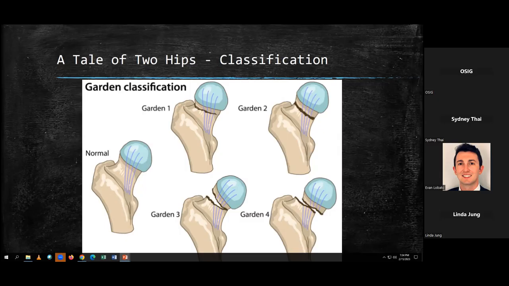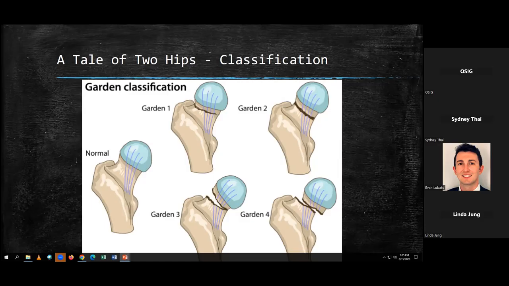In most classification systems, the higher up you are, the worse the fracture is. So in the Garden classification, Garden 1 means a fracture that is incomplete. It's not all the way through both cortices, and it's displaced in a position that makes the proximal femur more stable.